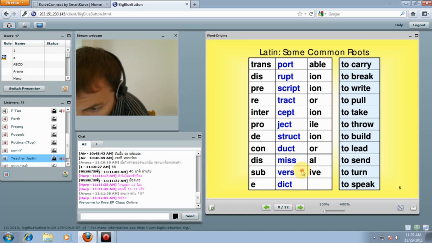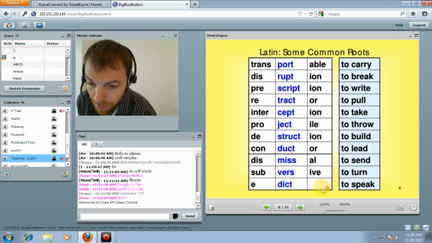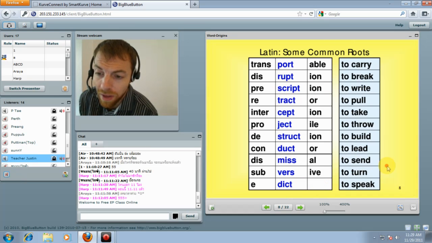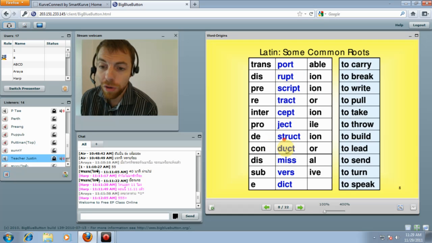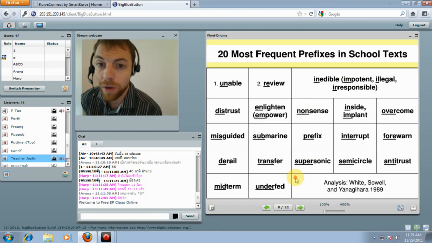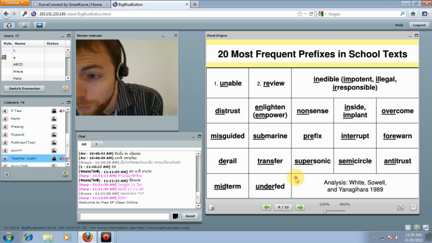And the last one, to speak. So these are all different kinds of Latin words that you can find inside of English words. So it can be good practice and helpful for you to learn about some of these Latin words, and you will find them everywhere.